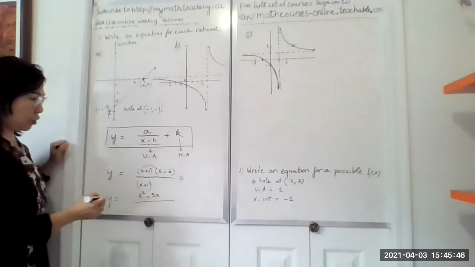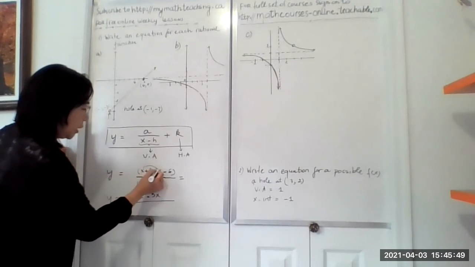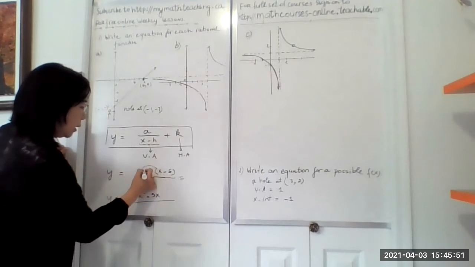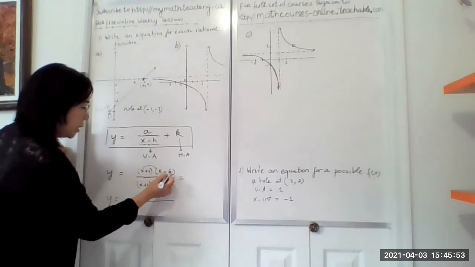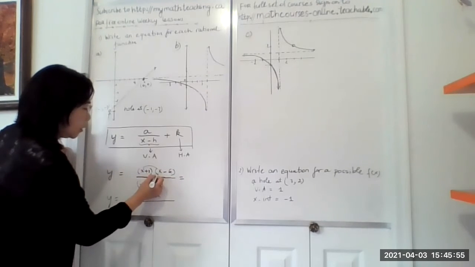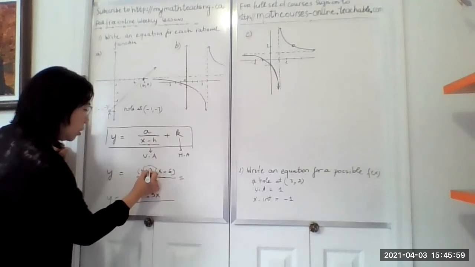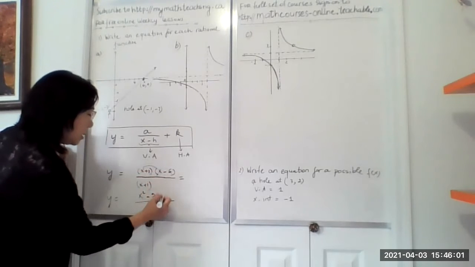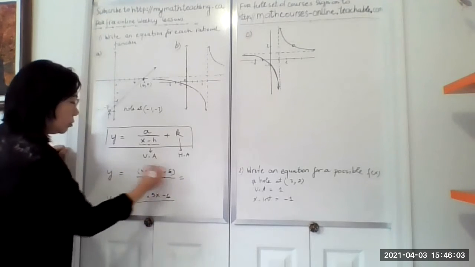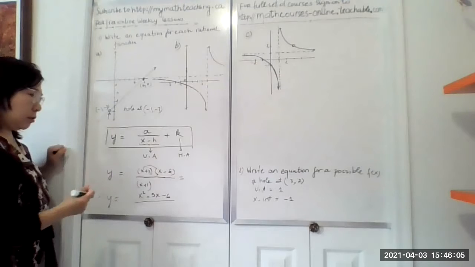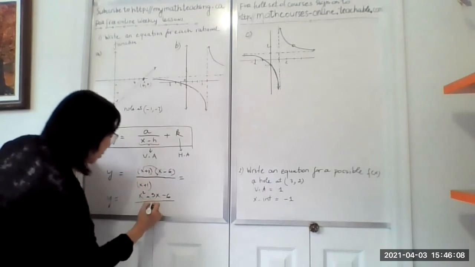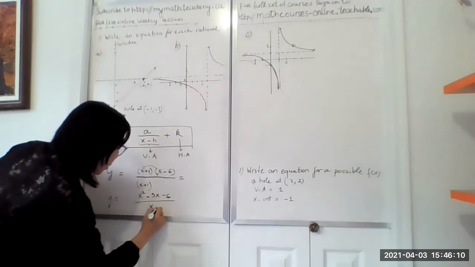I do a very quick shortcut, right? I just say x times x is x squared, x times 6 is minus 6x. Now plus 1x, so it becomes minus 5x. The last term, based on 1 times 6 here, will be minus 6. So that's how we multiply the top. And the bottom, we have x plus 1.